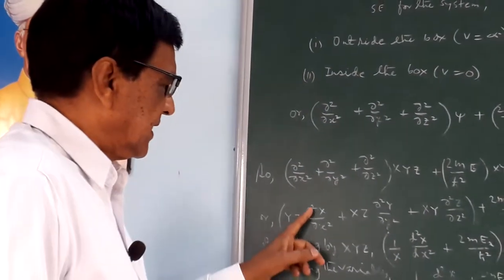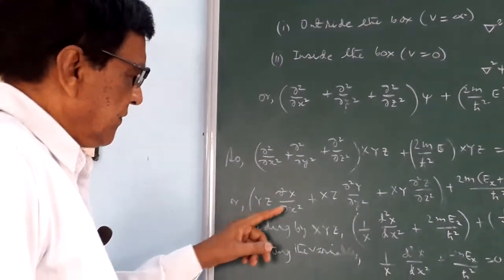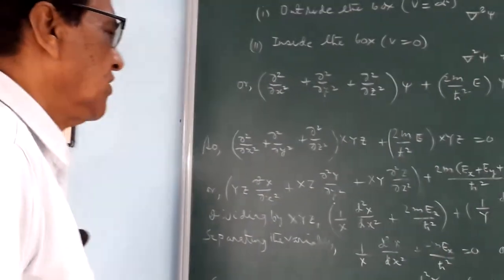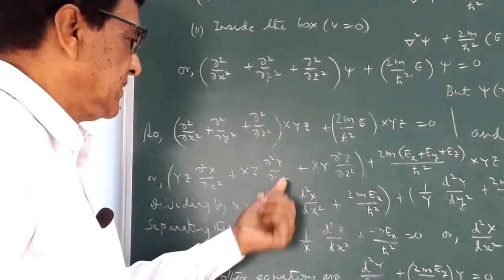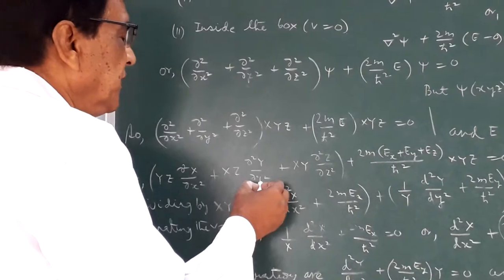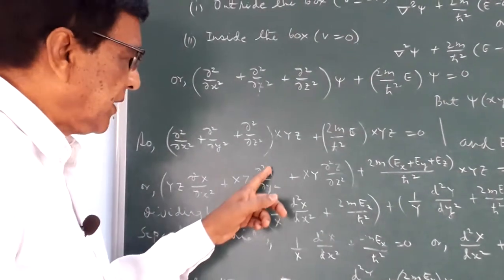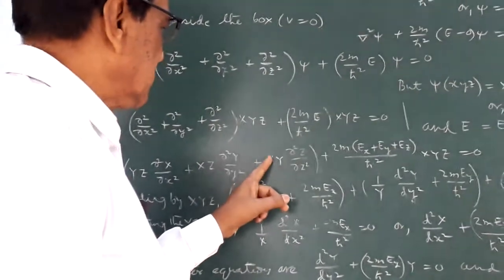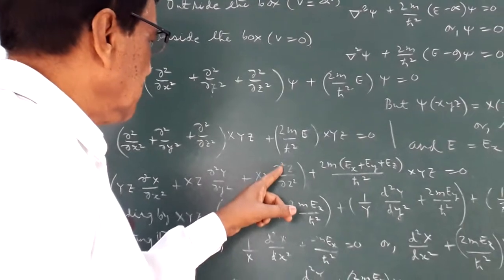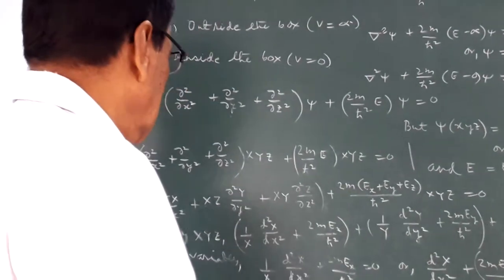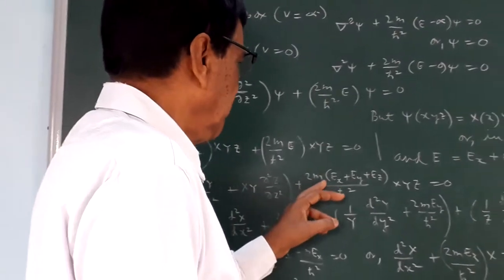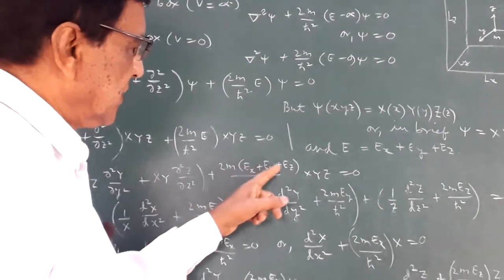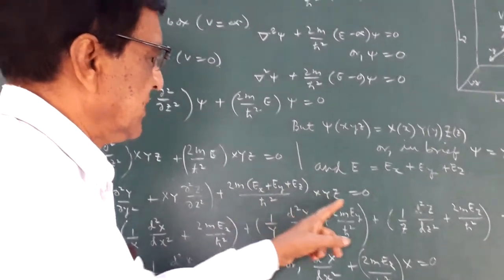So Y Z times the double differentiation of X with x, and in this case X and Z are constant and del 2Y by del y squared; y is the variable and capital Y is the function. Plus here also X and Y remain constant, and del 2Z by del z squared, plus 2m times (Ex plus Ey plus Ez), as E is again split up in three directions, divided by h cross squared times X Y Z equal to 0.